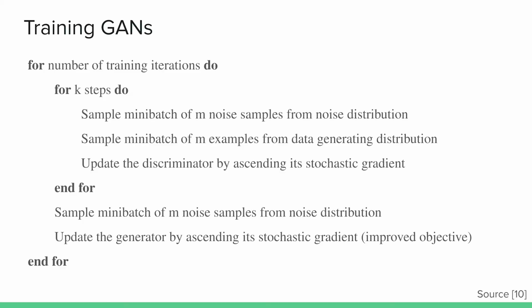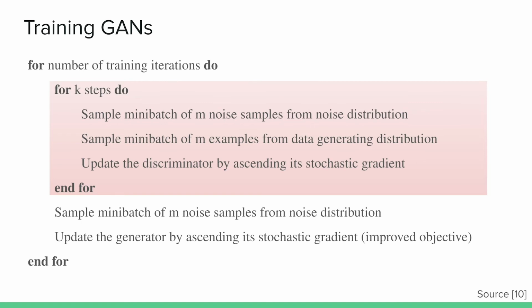So how can we train again? We take a number of training iterations and we sample some noise from our noise distribution. We use our data generator distribution, and then we update our discriminator by ascending its stochastic gradient. So for a certain number of steps, we are training our discriminator. The generator is now fixed and we are training only the discriminator.